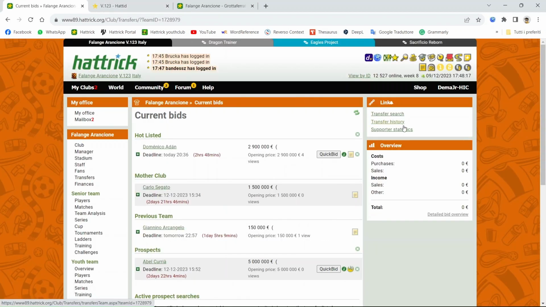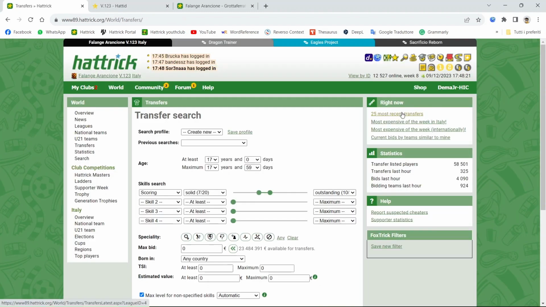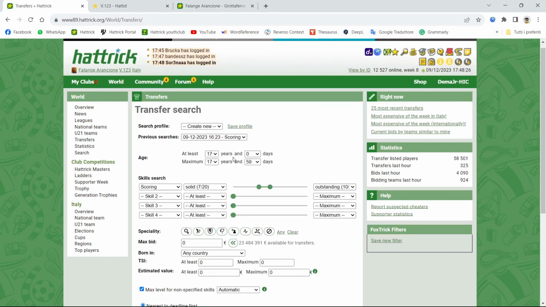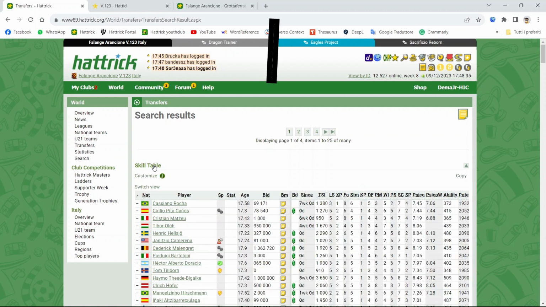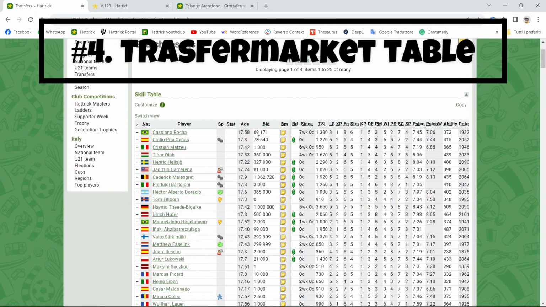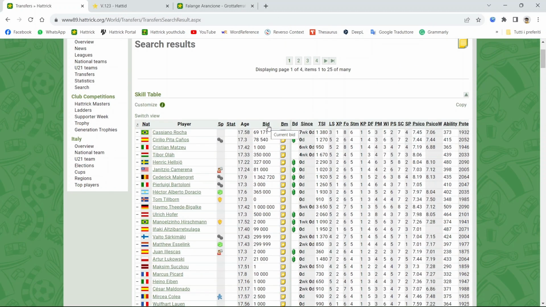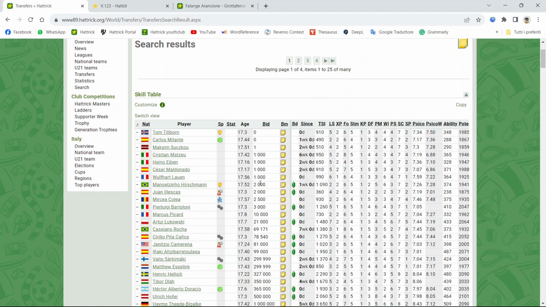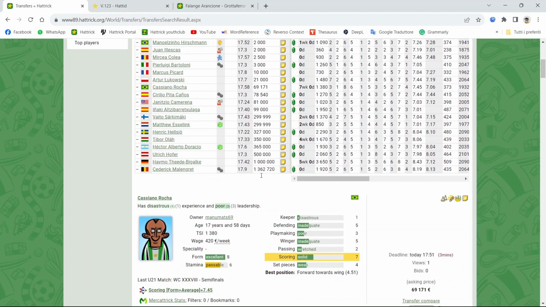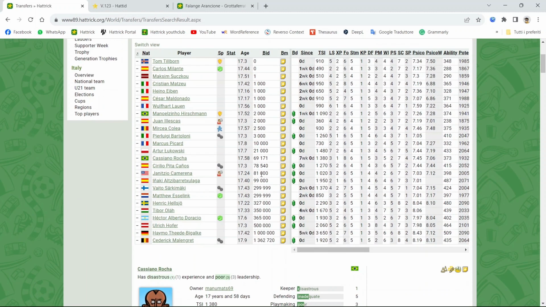Now let's go with the fourth feature. There are really a lot. I showed you also at the beginning how much personalization you can do. I really like an easy feature: when you are looking in the transfer market, you can open this skill table and easily order by price and check just the cheaper players with offers that are not so expensive.